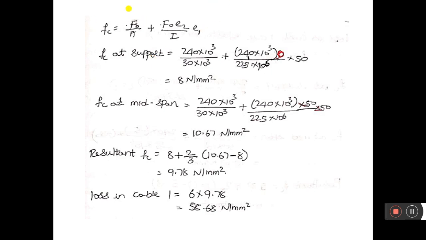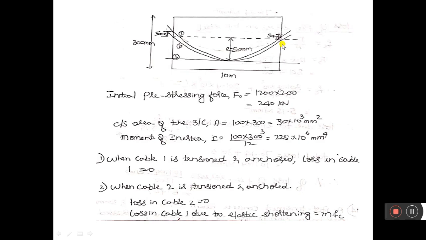So F naught we have calculated 240 kilonewton. The cross section area of the member we have calculated. So substitute the values here. E2 is the eccentricity of cable 2 at support, and the eccentricity of cable 2 at support is equal to 0, and the eccentricity of cable 1 at support is 50.